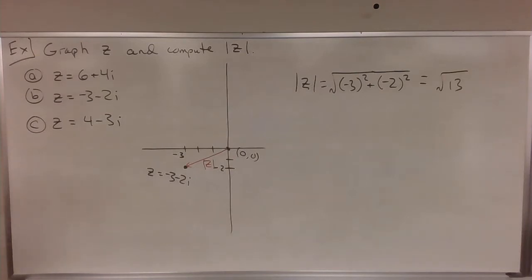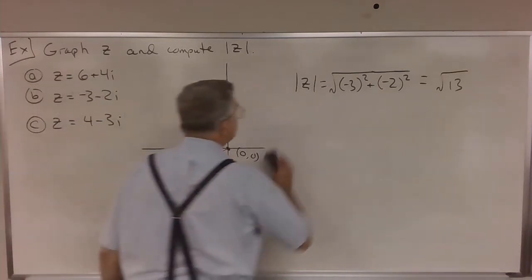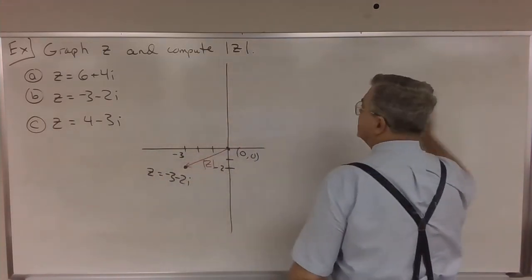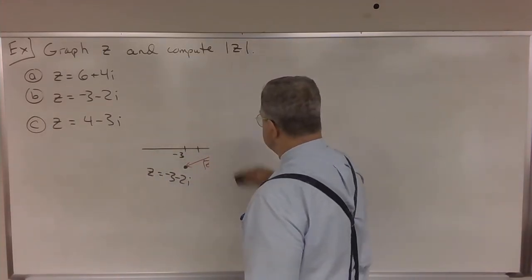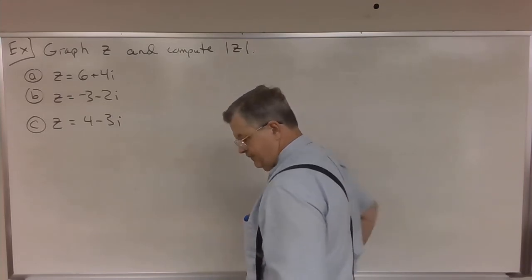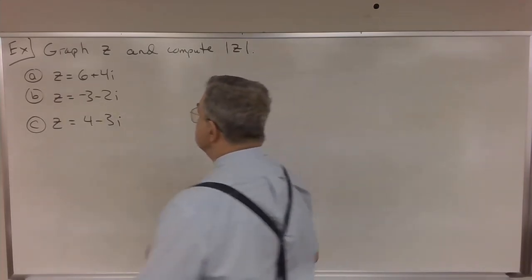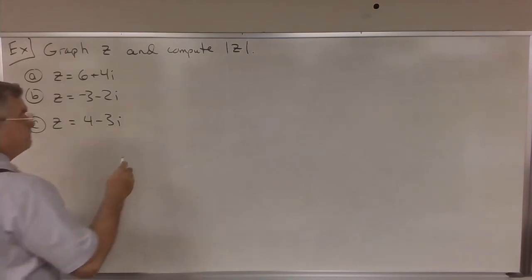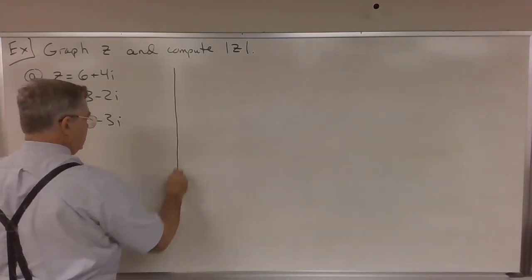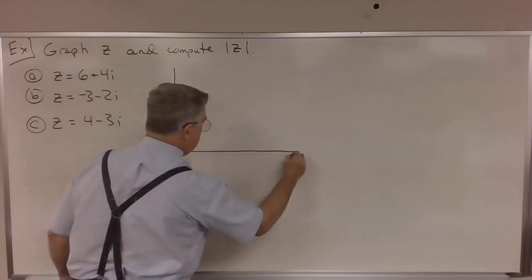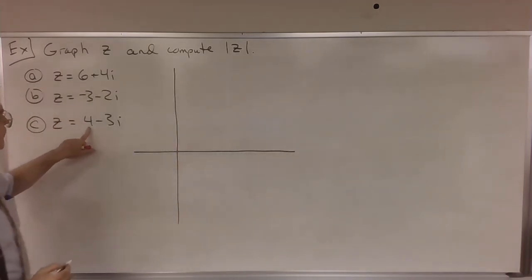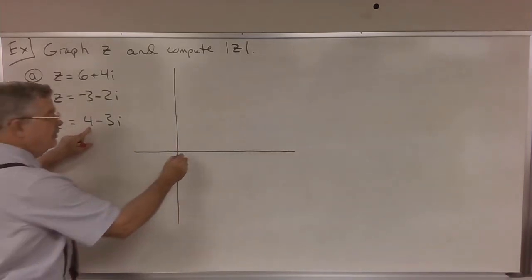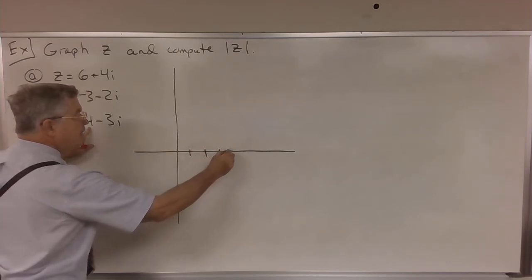And last but certainly not least, let's do this one. z equals 4 minus 3i. Our real part is 4, so we mark out 4 units on the x-axis.